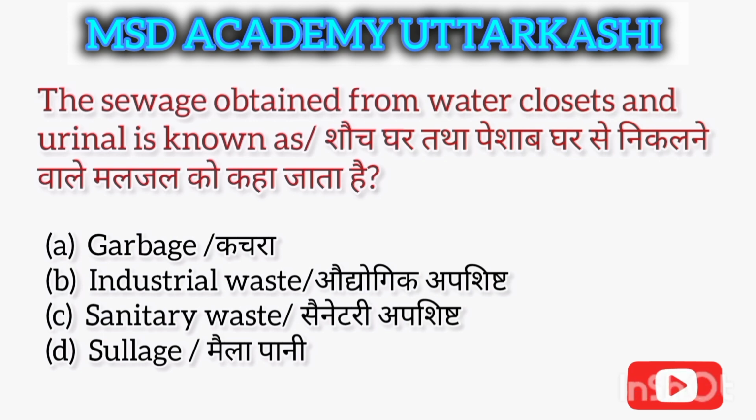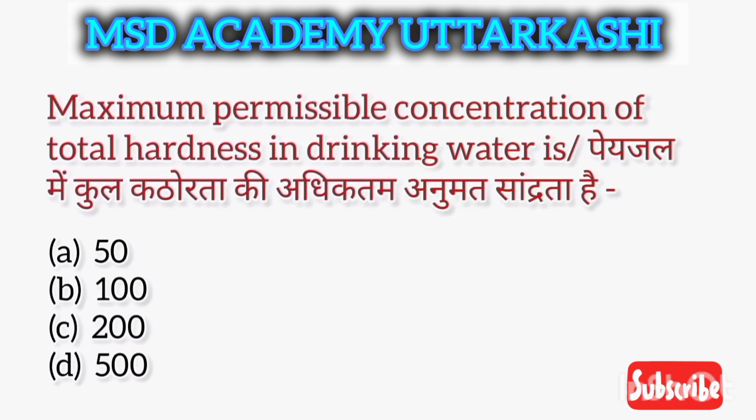So the correct answer is option C sanitary waste. Next question. Maximum permissible concentration of total hardness in drinking water is option A 50, option B 100, option C 200, option D 500. So the correct answer is option C 200.